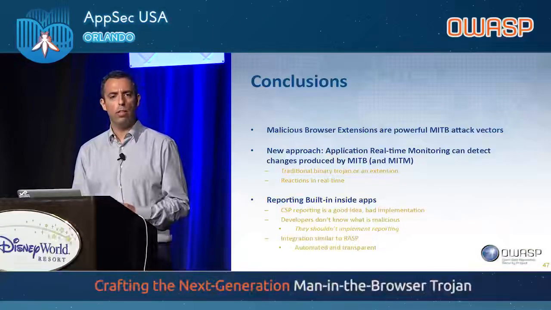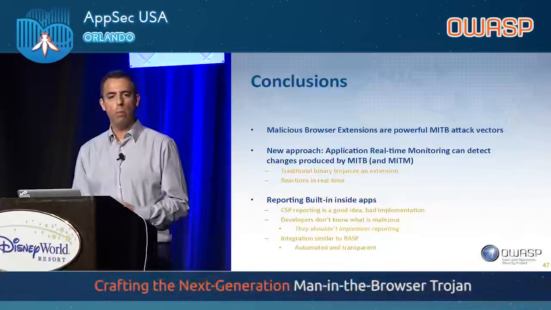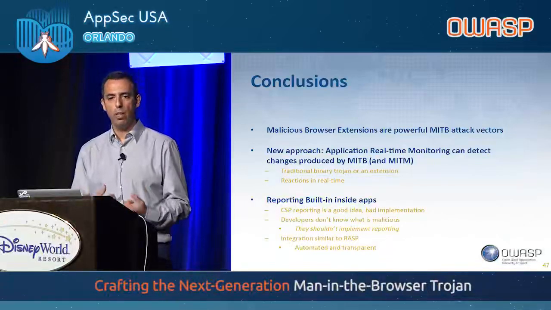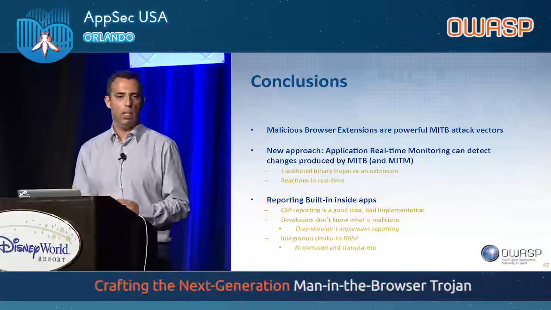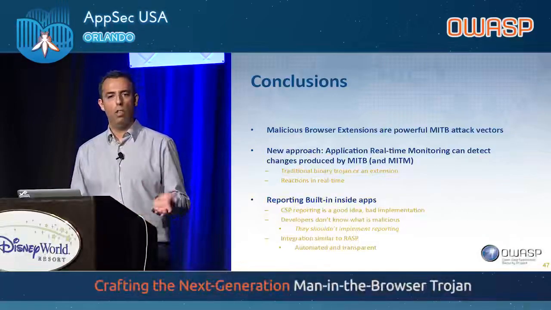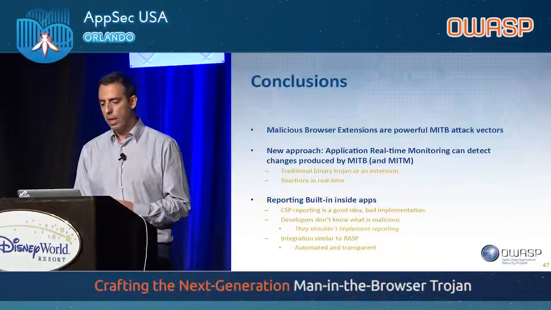So we argue that in order to tackle this, you need to continuously monitor what happens on the client side and react in real time, both by removing the injections and by sending out notifications to the backend. And here we are just following the trend of the current standards, because CSP does it, HPKP does it as well.